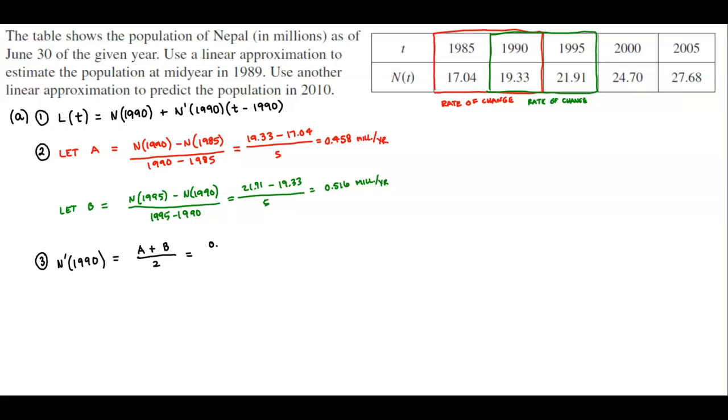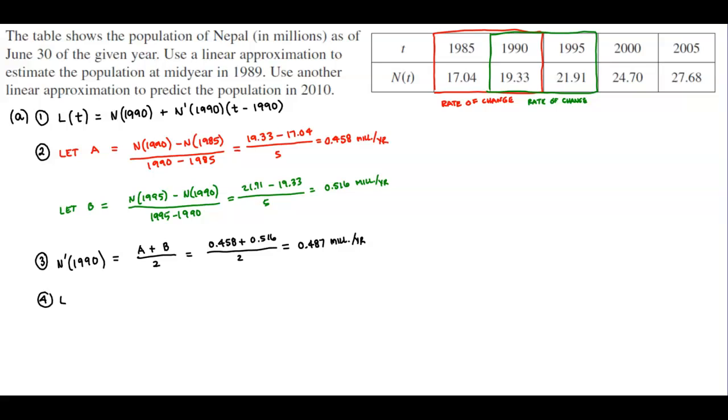So if we take 0.458 and then add 0.516 and then divide that by 2, then we get 0.487 million per year. So therefore, there's our slope. So now we can plug it into equation number 1 if we want to find the approximate population at mid-year in 1989.